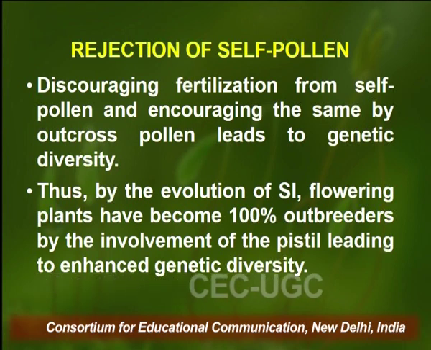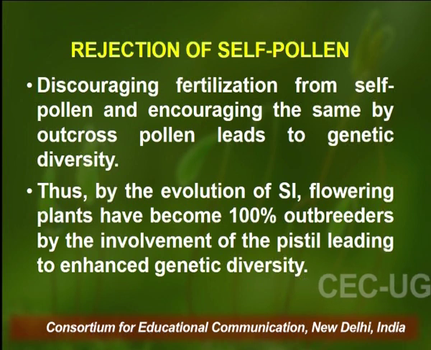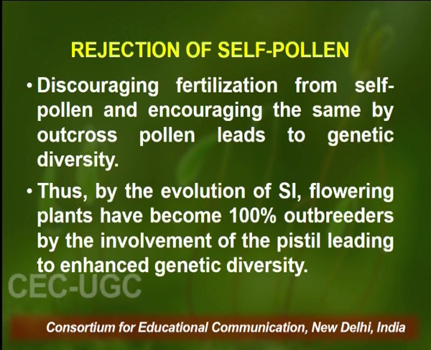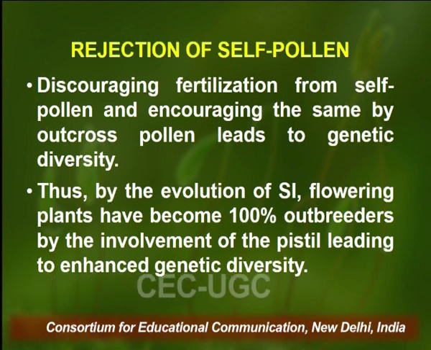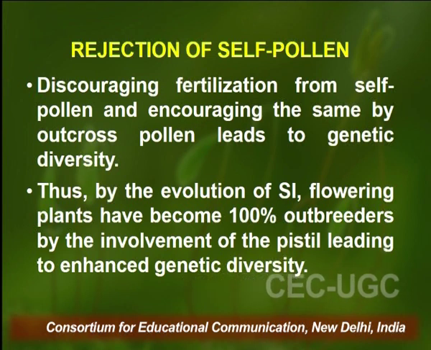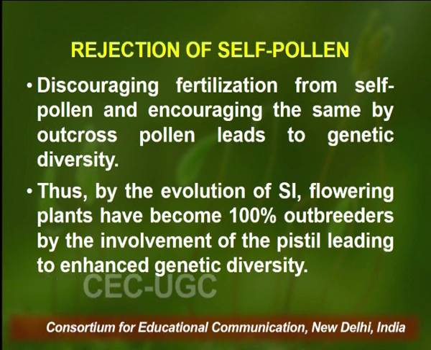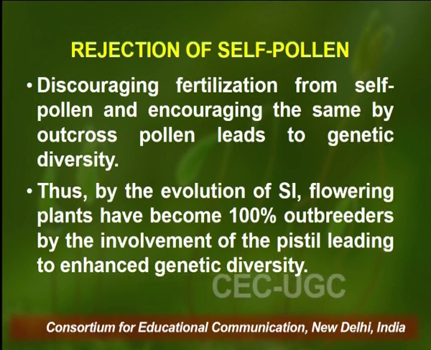Discouraging fertilization from self-pollen. So, if there is no fertilization happening with the self pollen, obviously there will be some other pollen which will help in the fertilization. So, discouraging fertilization from self pollen and encouraging fertilization by outcross pollen leads to a greater genetic diversity.